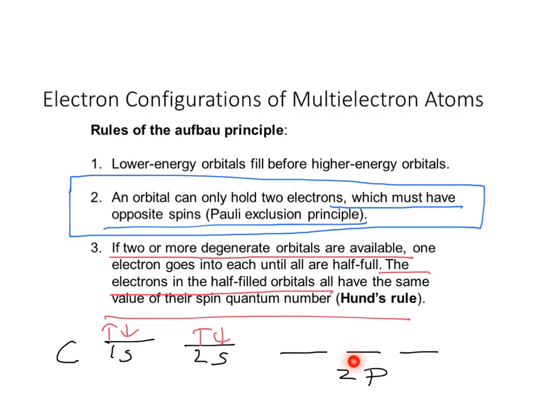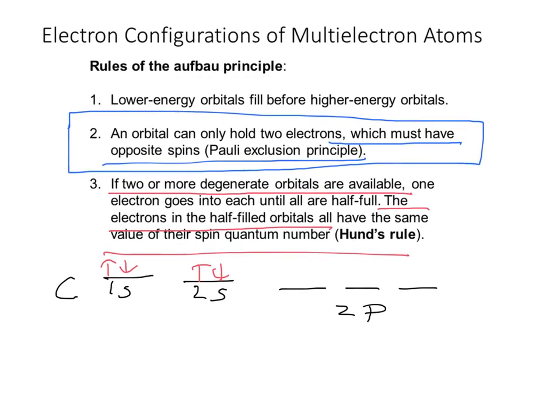All 3 have equal energy. So if 2 or more degenerate orbitals are available, 1 electron goes into each until all are half full. Not only that, the electrons in the half-filled orbitals all have to have the same spin. I like to call this the roommate strict zoning ordinance.